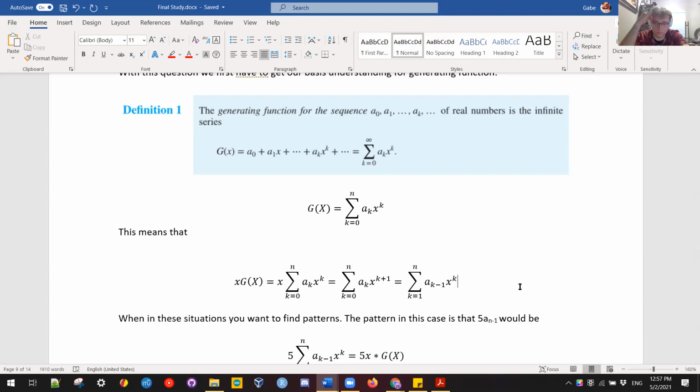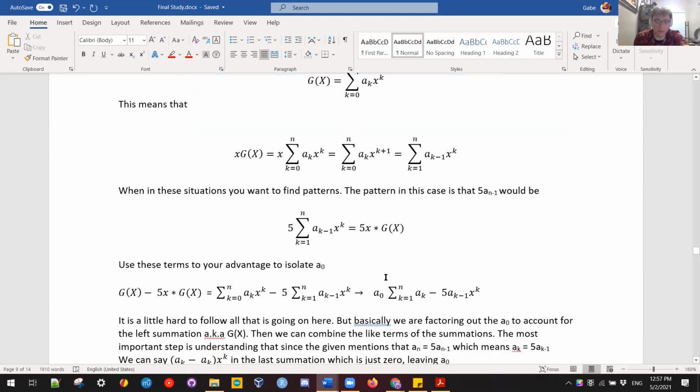And when you get it to that format of a to the k minus 1, you're matching the formula we were given originally, a_n equals 5 a_(n minus 1), I think was what we were given, right? Yeah. So now we're more along the lines of matching a generating function.